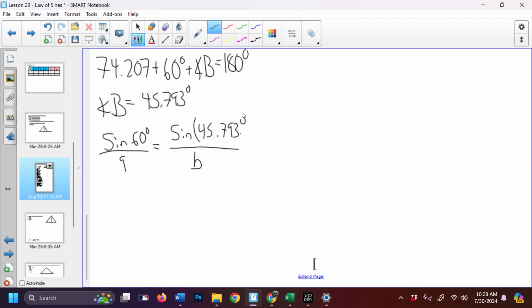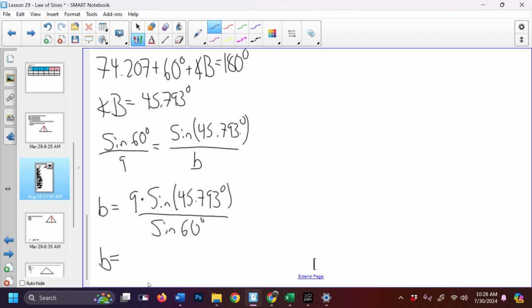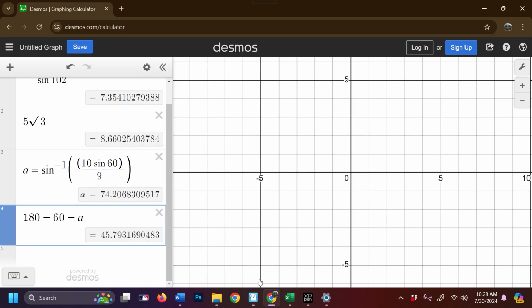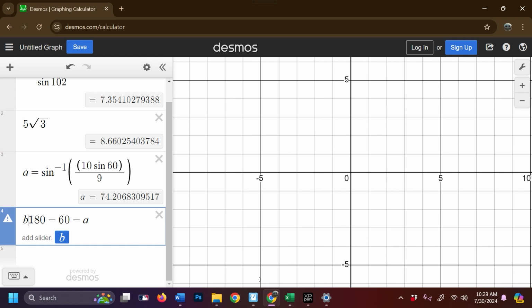And we will cross multiply and divide, which will give us b is equal to 9 times the sine of 45.793 degrees over the sine of 60 degrees. And we'll go to Desmos to do that. And again, I'd like to use all of these values, so I'm just going to put it in as a b equals. That'll give me all of these decimal values.